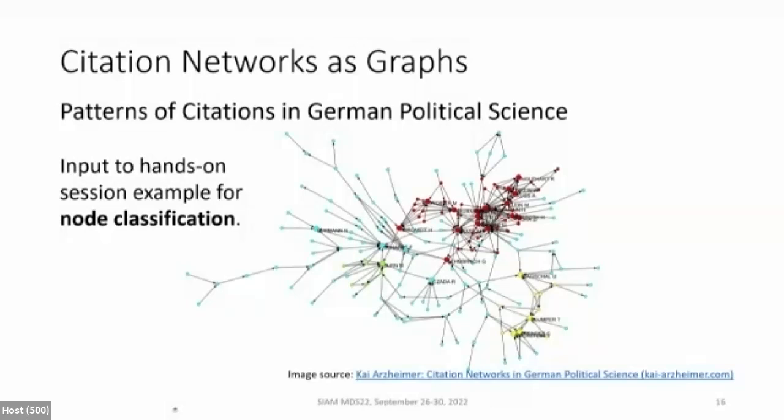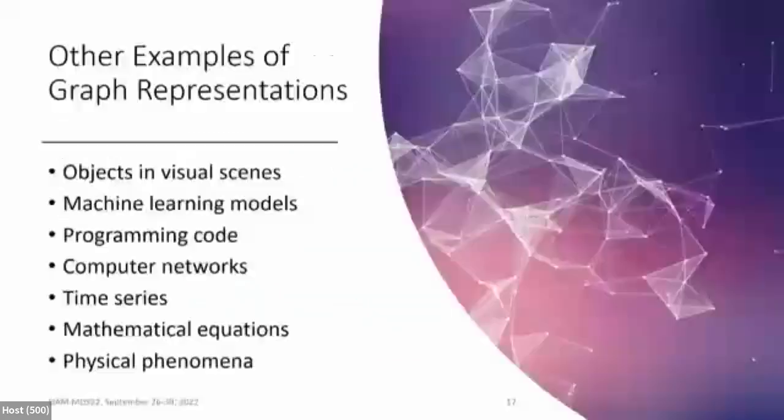And this will actually be the input on one of the examples in the hands-on session, more precisely the node classification part. There are still other examples of graph representation like objects or their relationships in visual scenes, machine learning models, programming code, computer networks, time series, mathematical equations, even different physical phenomena.